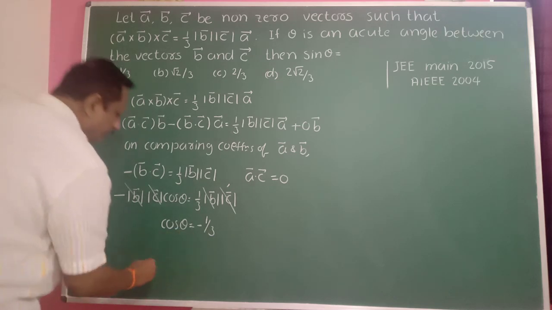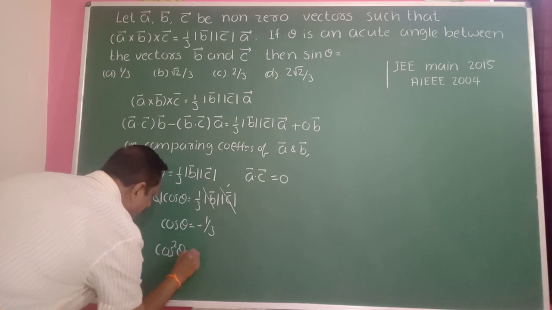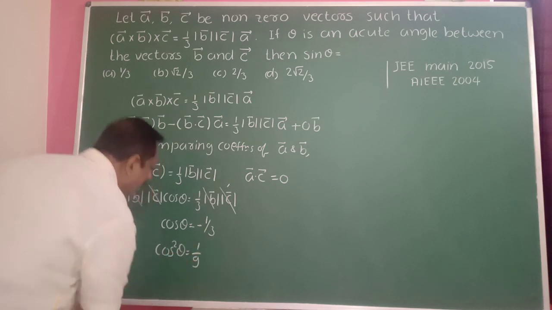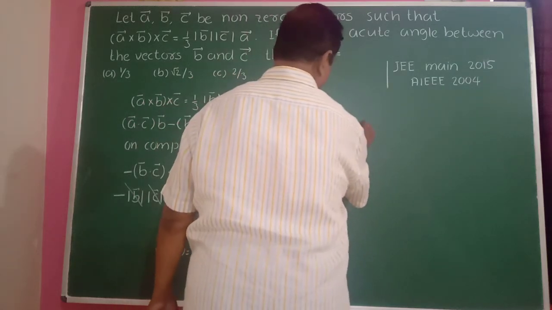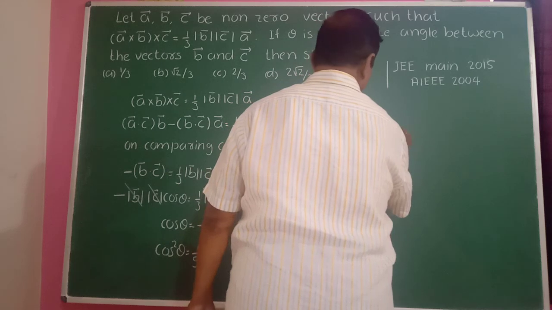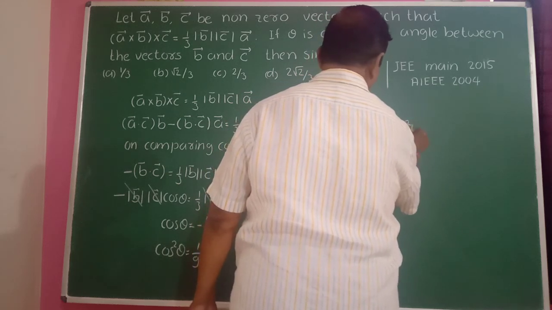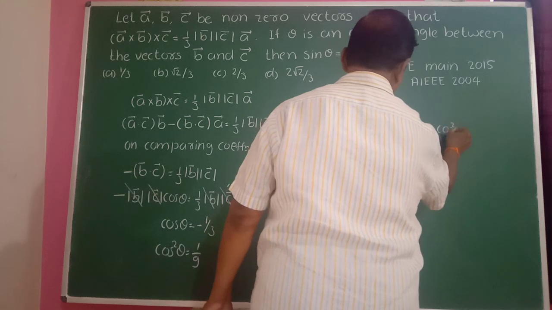Then squaring on both sides, cos square theta is equal to 1 divided by 9. Then we know that sin square theta is equal to 1 minus cos square theta.